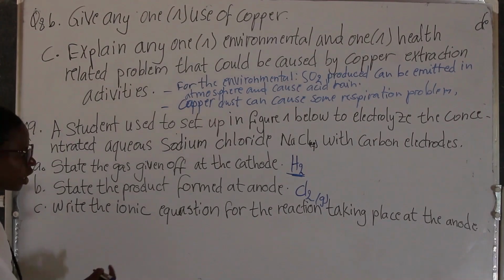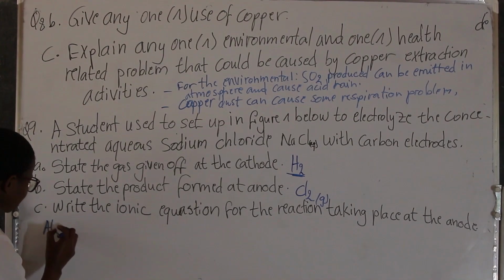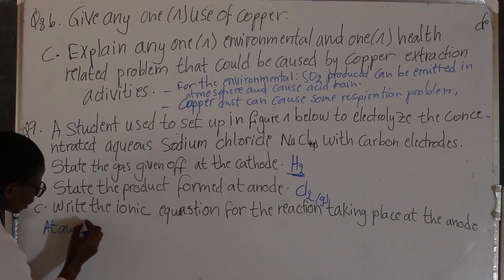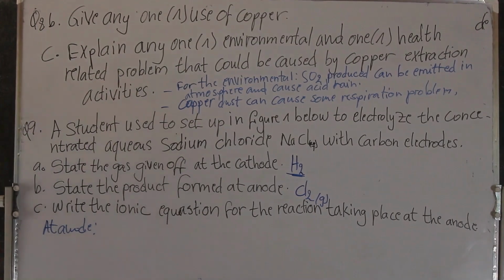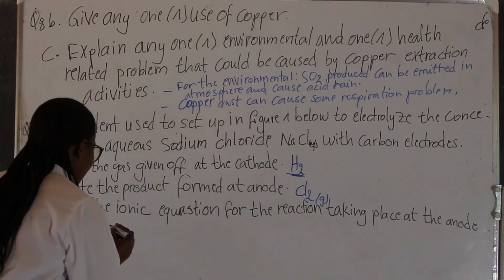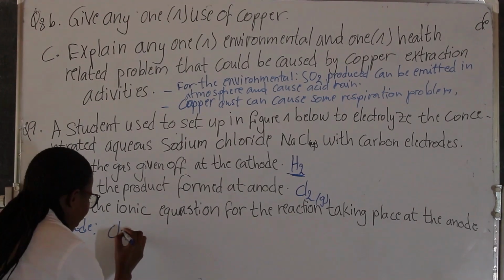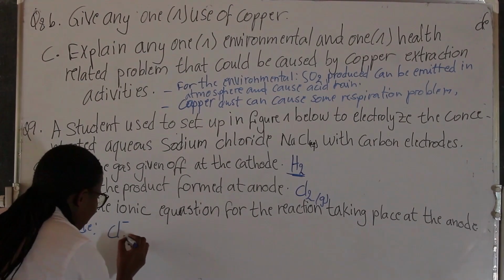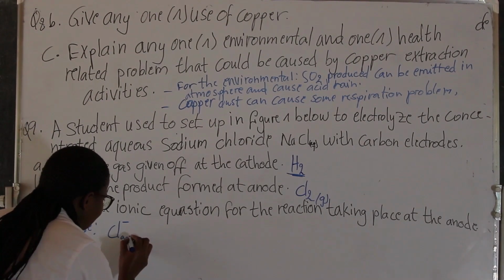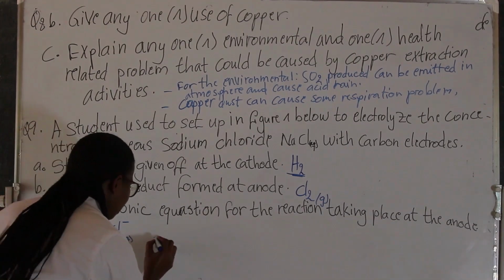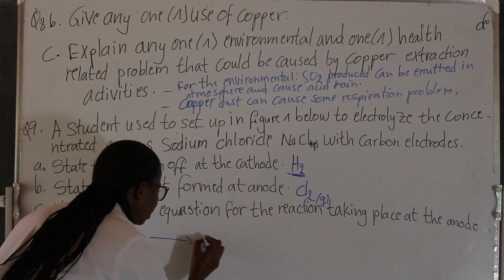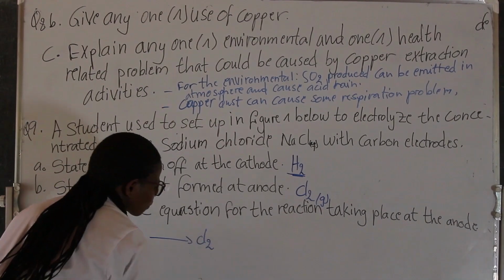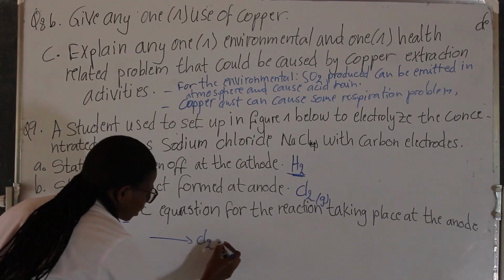As I said, at the anode, negatively charged ions go. This means that we have the chloride ion Cl minus, which goes and gives chlorine Cl2, which is gas.